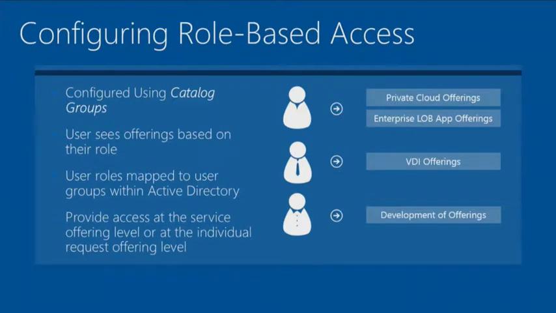This one's very important. We're going to provide access to the offerings at both the service offering level and the request offering level. So we have that top tier category. We have the service offering group. So we had the group of Active Directory and SQL based access requests. We have a collection of a couple of virtualization self-service offerings. But at the end of the day, I'm going to gather that data up.